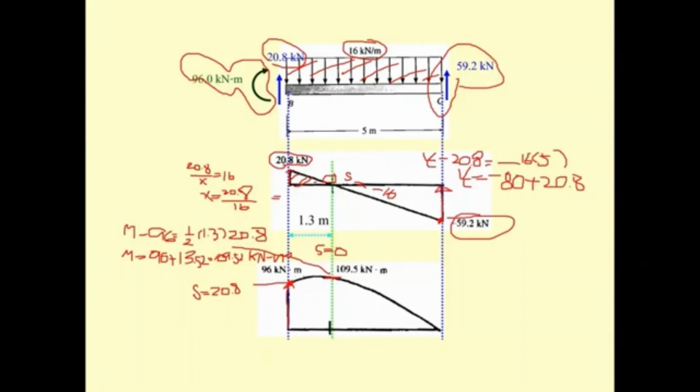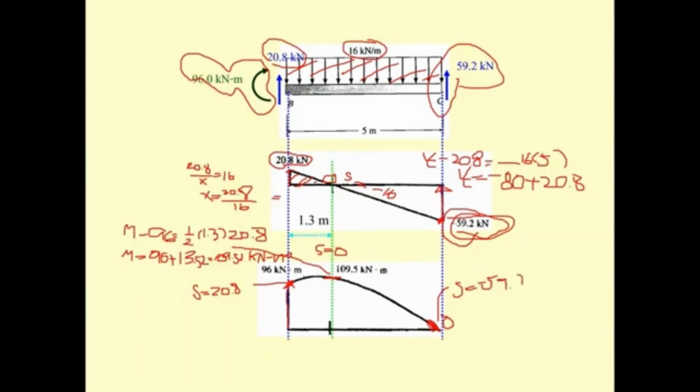And finally, since this C section has no moment, for sure this is going to be 0. And then you provide the slope at this important point. The slope here is going to be equal to shear, and since shear is minus 59, the slope here is going to be minus 59.2.